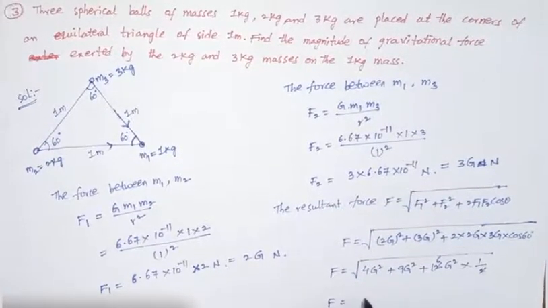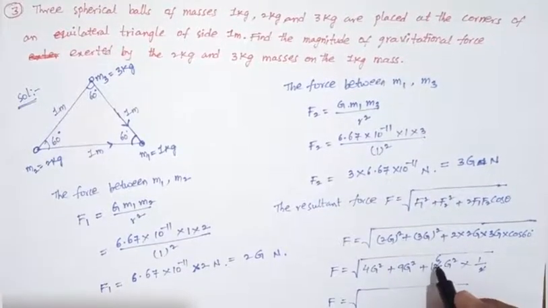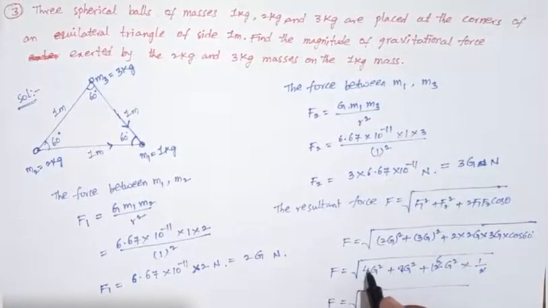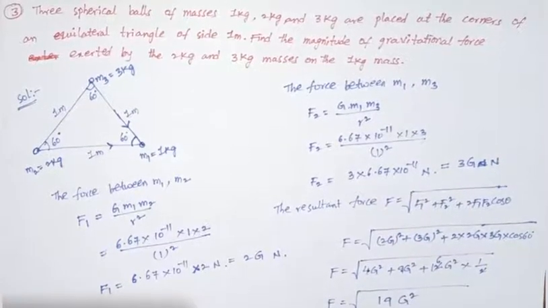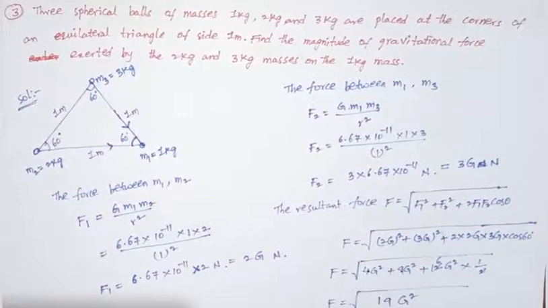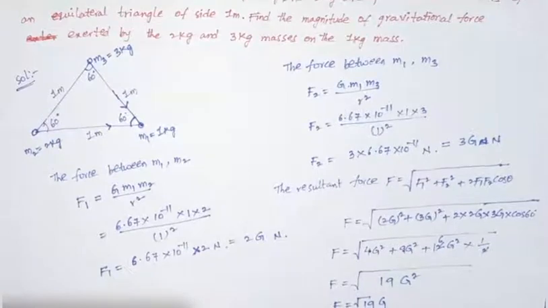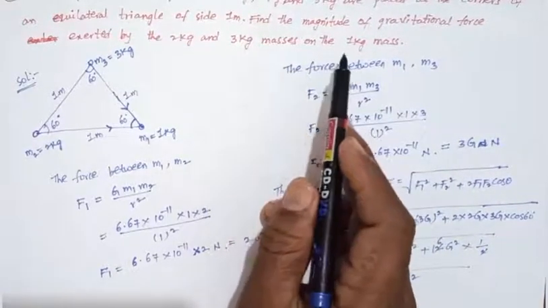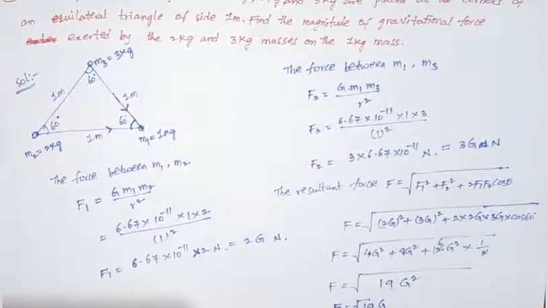So F equals square root of 6 plus 9 is 15, plus 4, 19. So it is 19G square, so it is square root of 19G. So this is the answer. The resultant force acting on mass 1, that is F equals root 19G.